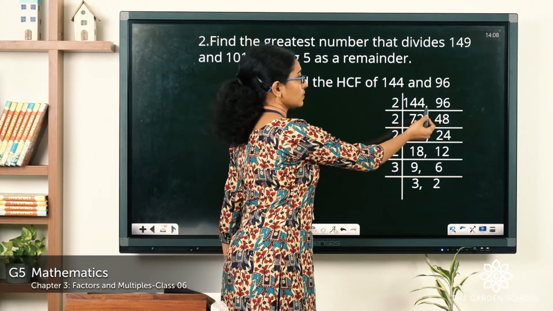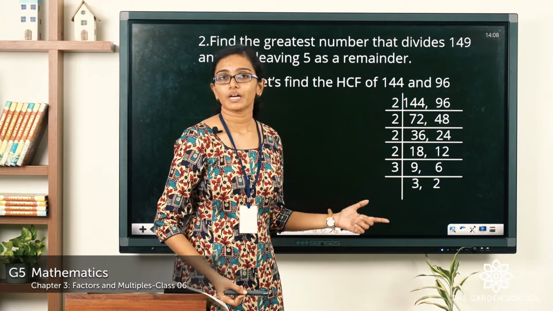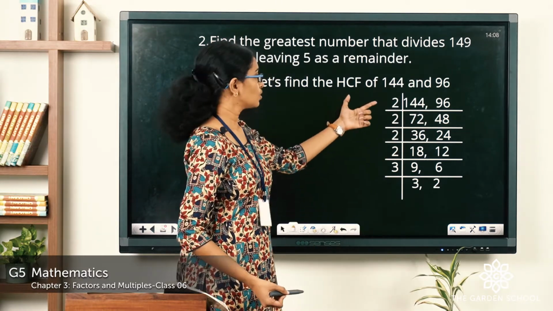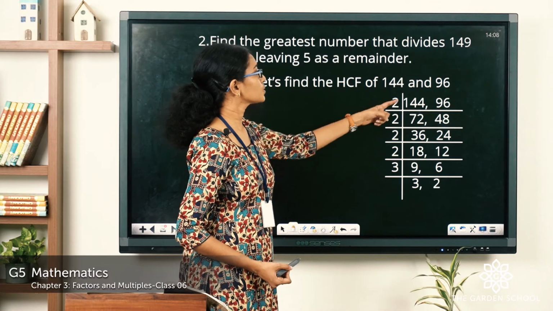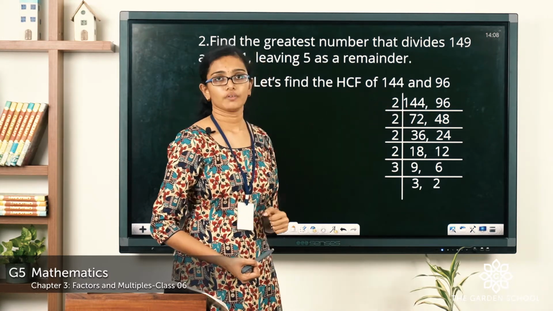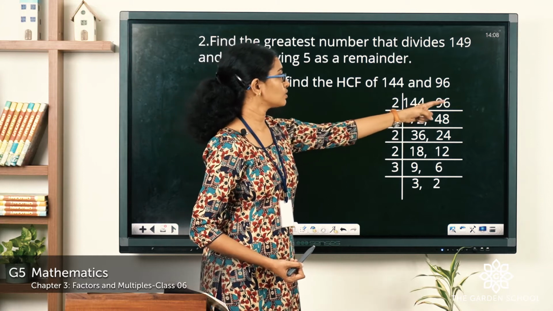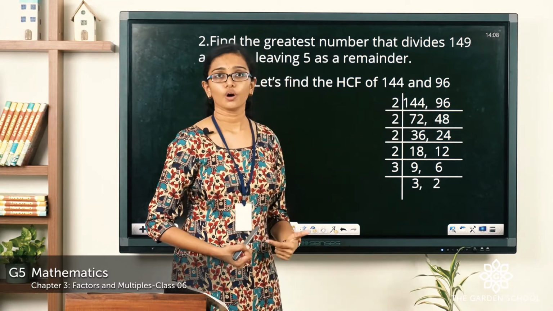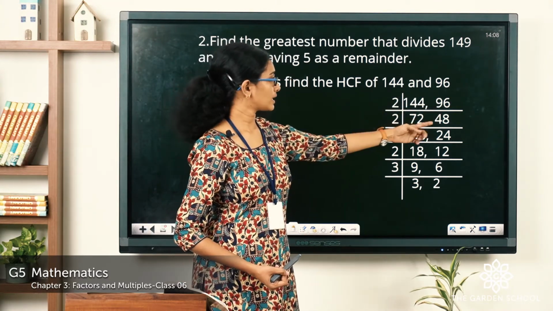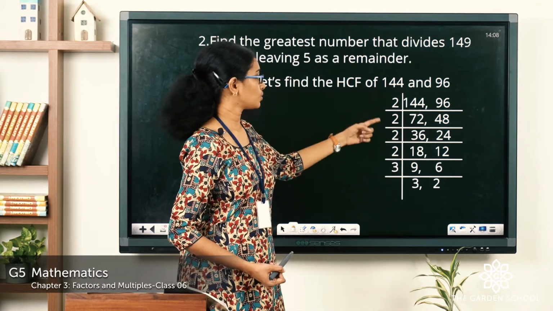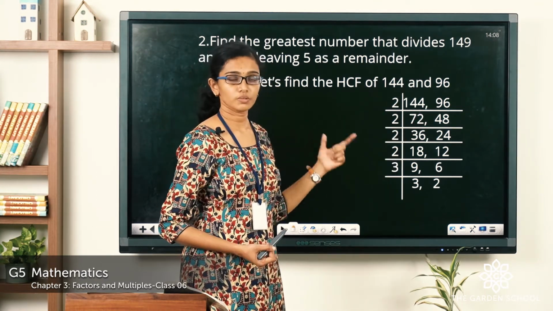So 144 and 96. The smallest common prime factor for these two numbers is 2. So we have 2 here and 144 divided by 2 gives you 72 and 96 divided by 2 gives you 48. Now we can divide these two quotients again with 2 as the common smallest possible prime factor.